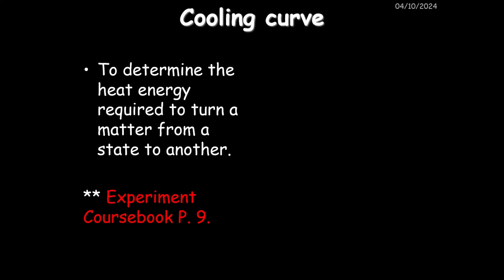And by using a stopwatch over time, we will record the decrease in temperature during the conversion from liquid to solid. It's opposite to the heating curve, okay? So we will expect that the direction of the plot of the heating curve is reverse to the plot of the cooling curve.